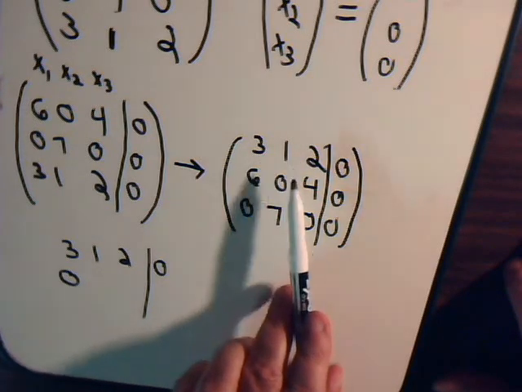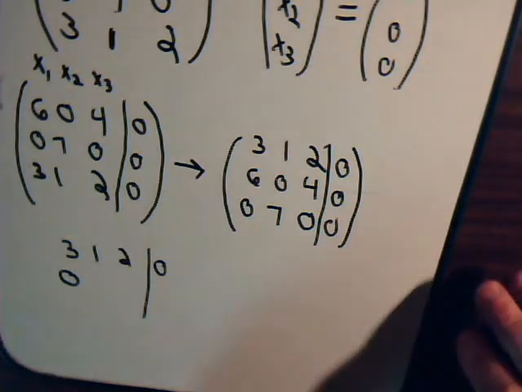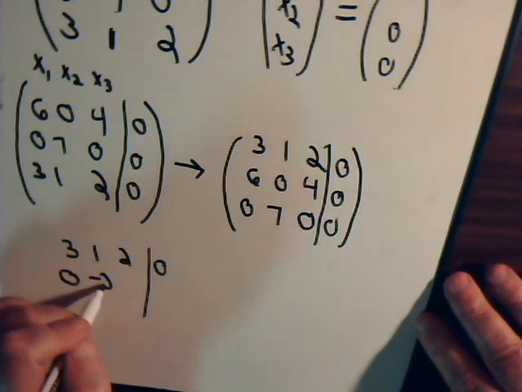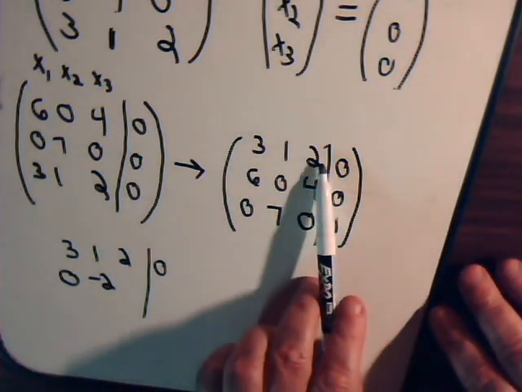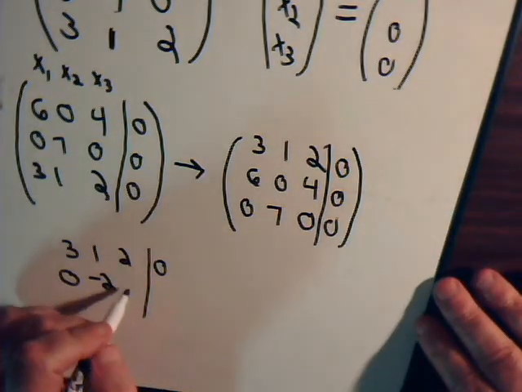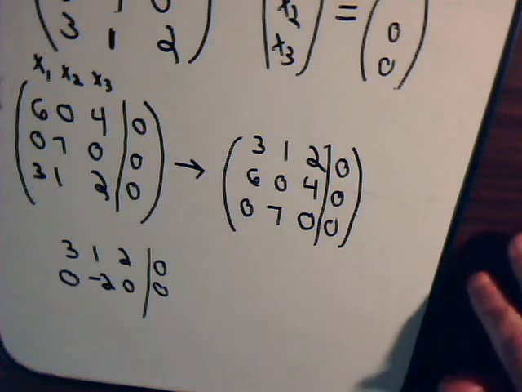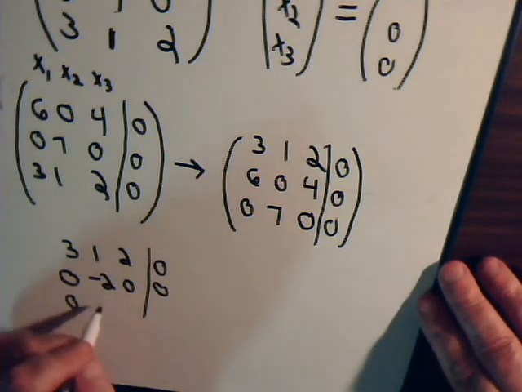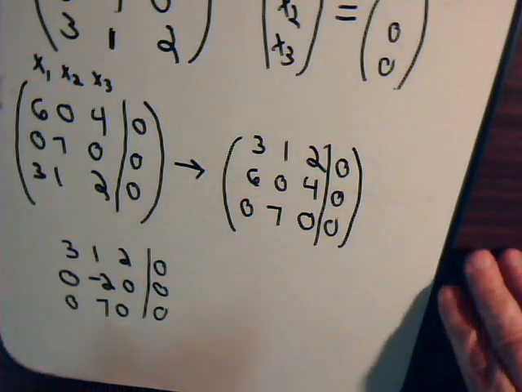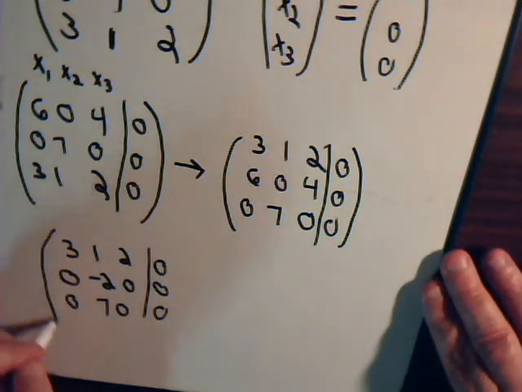Negative 2 times 1 is negative 2, plus 0 is negative 2. 2 times negative 2 is negative 4, plus 4 is 0. And then down here we have 0, 7, 0. But actually we can stop right here.